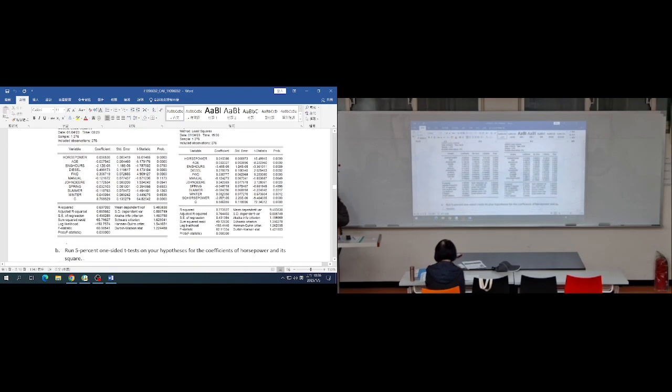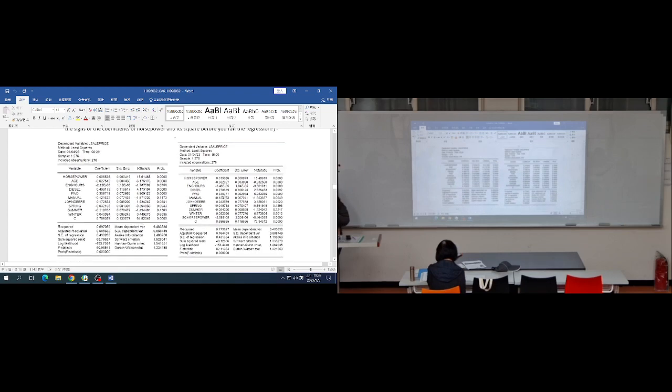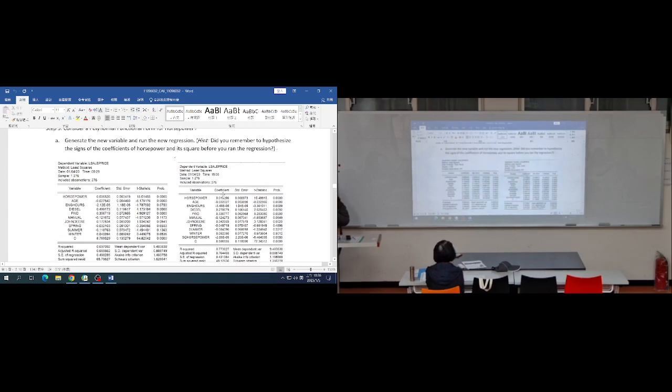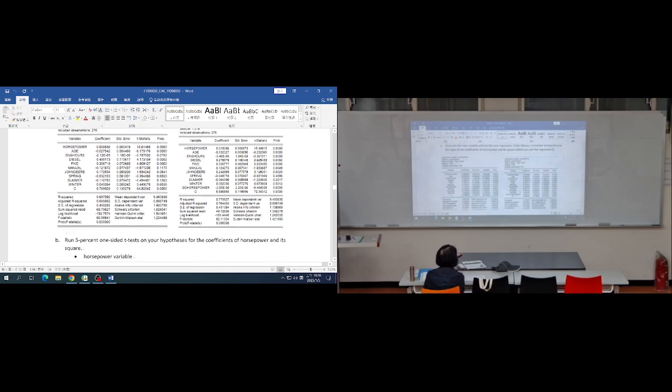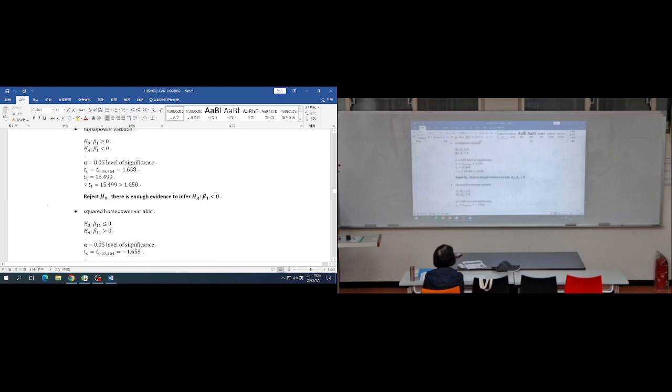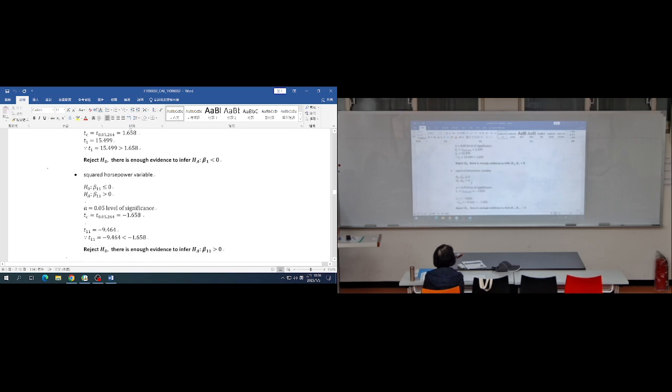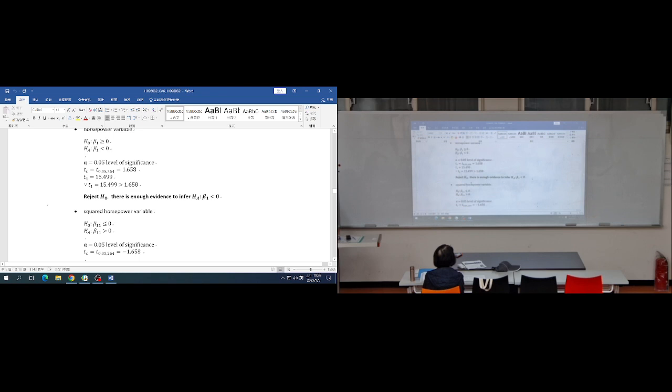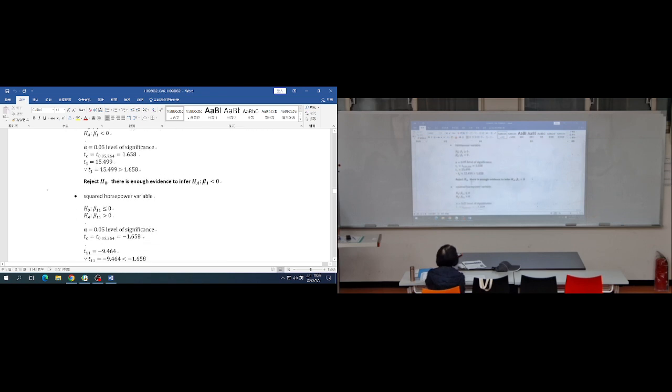For step 3, we compared the variables by adding the squared horsepower. For this part, when we run the critical value approach, we reject both, as there is not enough evidence to infer that it's greater than 0.